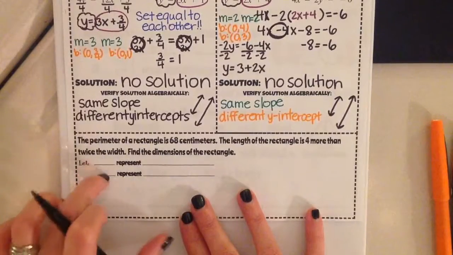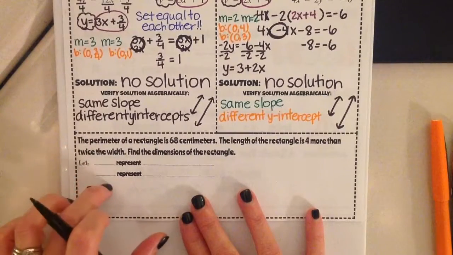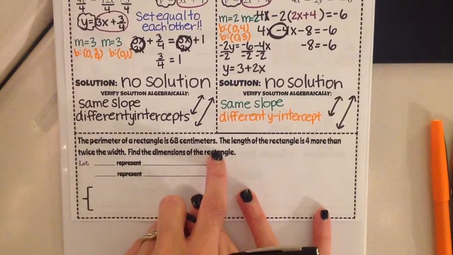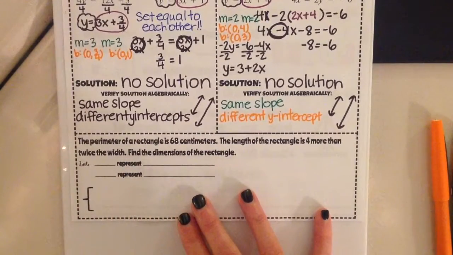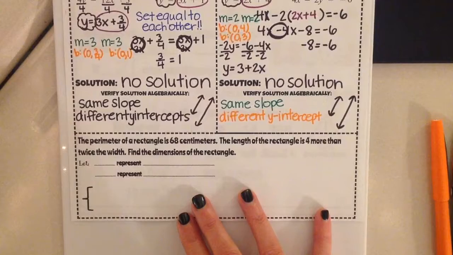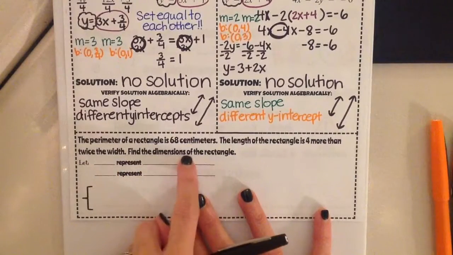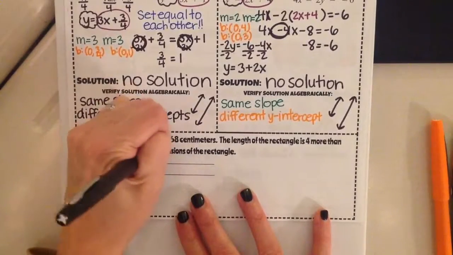If you struggle with identifying your variables, here's where you need to look. You need to read the sentence. Sometimes it is in question form, where it is asking you for an answer, okay? It's asking you to find something, solve for something. Here they're asking us to find the dimensions of the rectangle. Well, do you see this word dimensions?